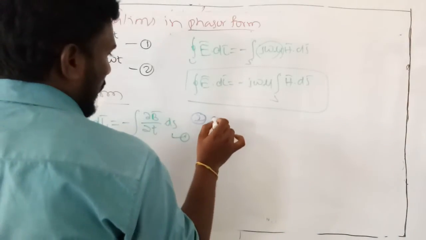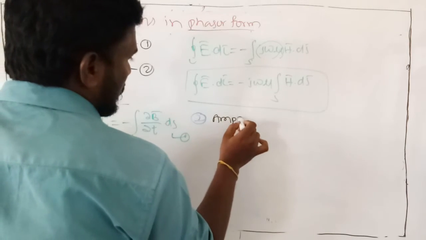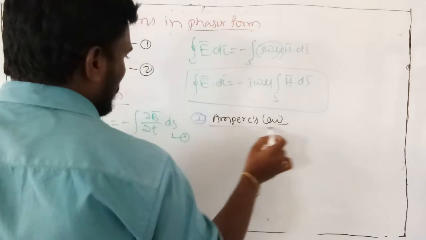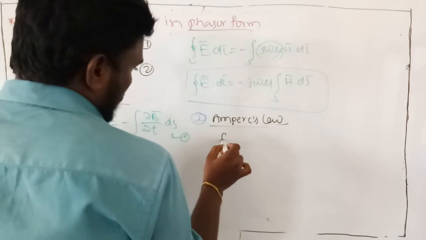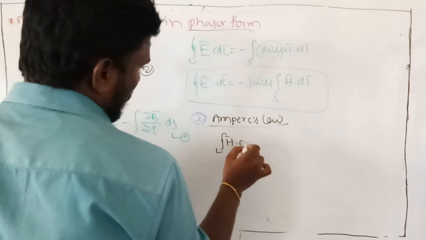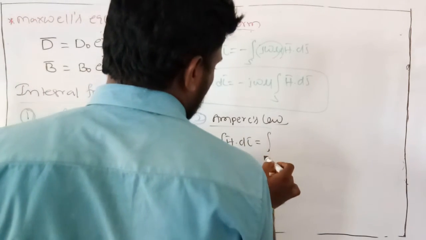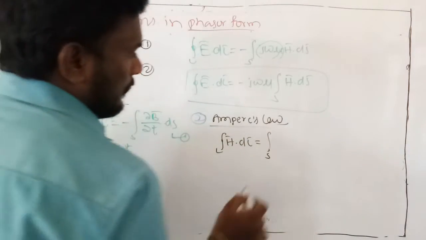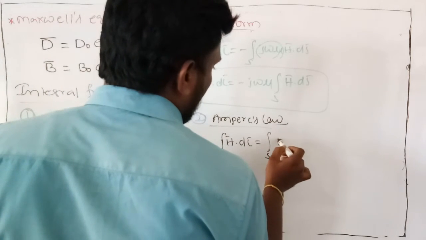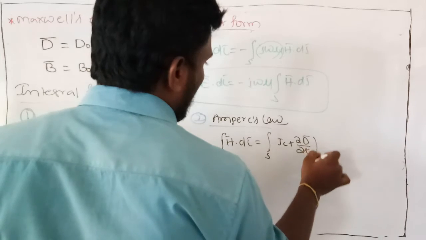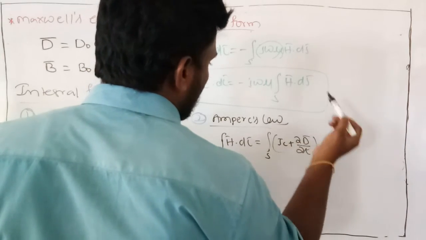This is Ampere's law. Maxwell's equation derived from Ampere's law, so it is line integration of H bar dot dl bar is equal to the surface integration of J_c bar plus ∂D bar by ∂t dot dS bar.